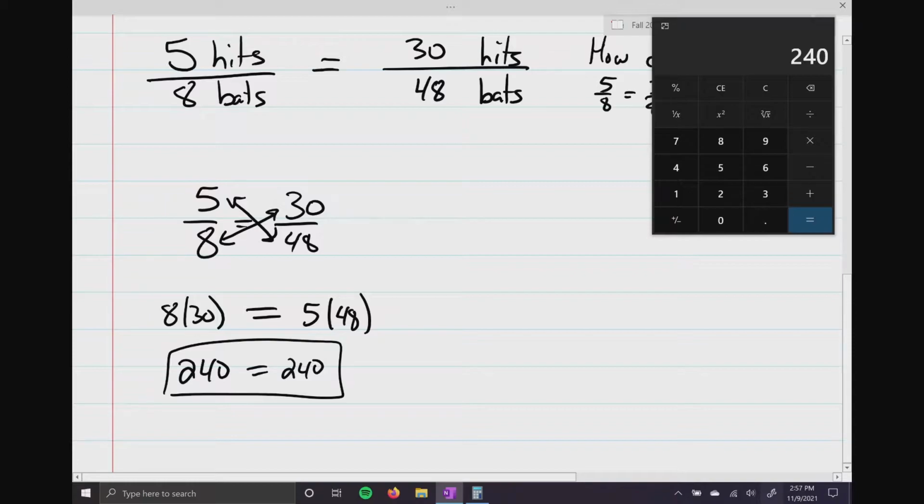So, proportions, it's all about the setup. You got a fraction equal to a fraction. And how do we verify that these two fractions are equal to each other? We cross multiply.